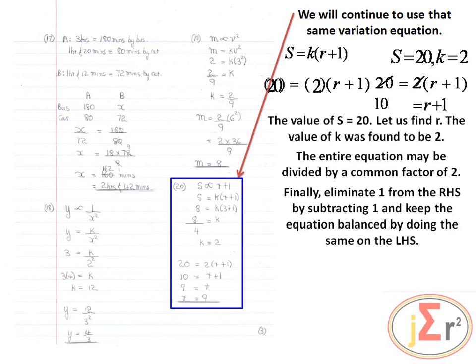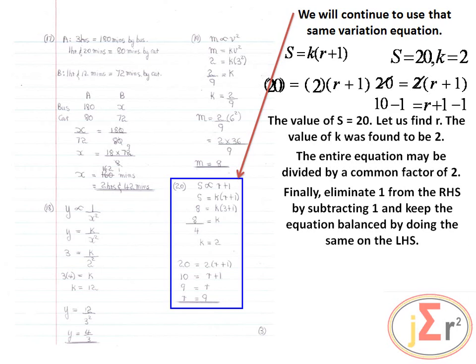Therefore, to eliminate that 1 from the right hand side, we will subtract 1. We have to keep the equation balanced. Therefore, we will minus 1 on the other side also.